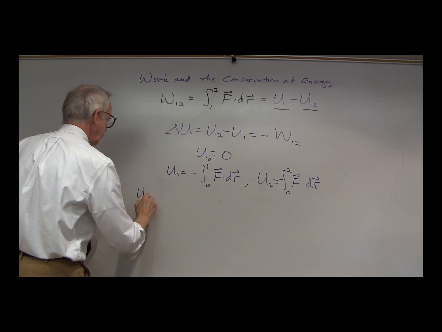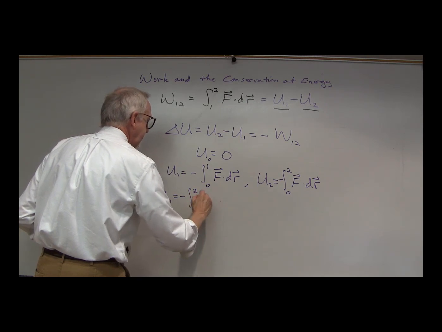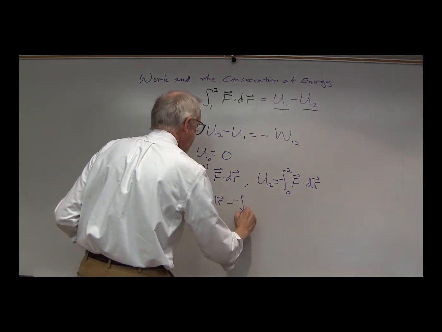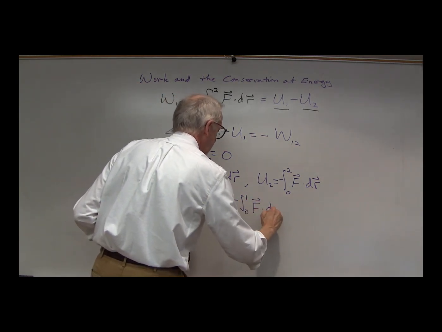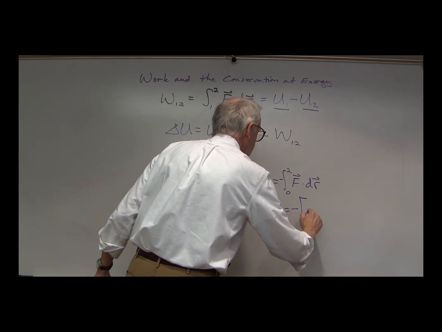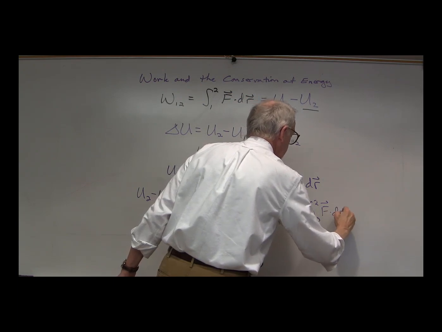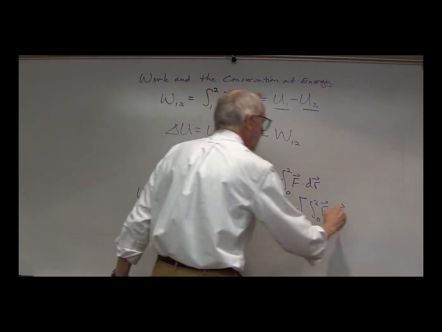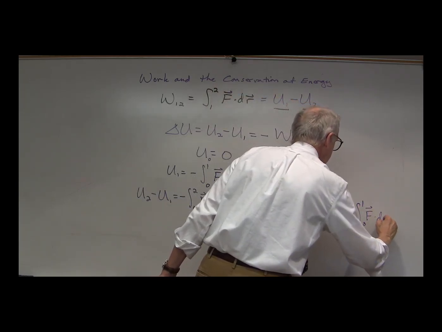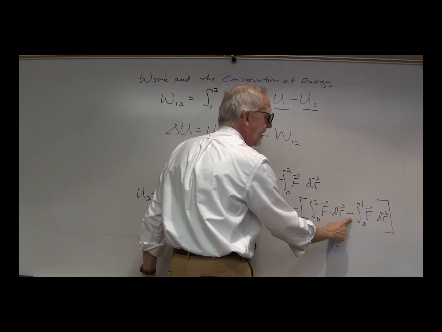U2 minus U1 will be negative the integral from 0 to 2 of F dot dr, minus U1, which is negative the integral from 0 to 1 of F dot dr. Pulling the minus signs out, we get minus the integral from 0 to 2 of F dot dr, and then minus the integral from 0 to 1.